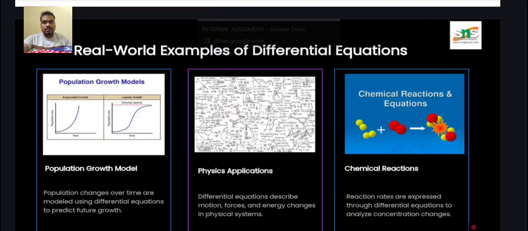These changes don't happen instantly, they follow a pattern. That pattern is described using first order differential equation. This is used in circuit design, power systems and signal processing. So basically a lot of modern electronics depends on this.